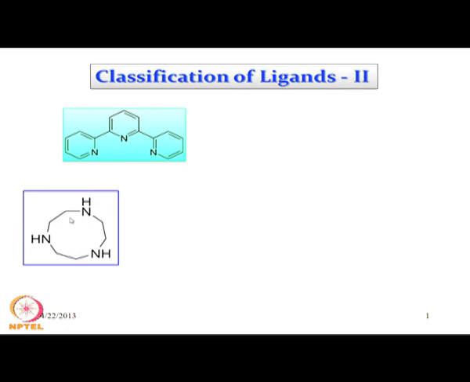And related to these, just now we have seen that if we can have a bigger cyclic ligand, we call it a macrocyclic ligand. But if the cycle is not so big, it is a little bit small, and if we can have only 3 nitrogen donor atoms, and those are all secondary nitrogen donor atoms, that means the functions are NH.